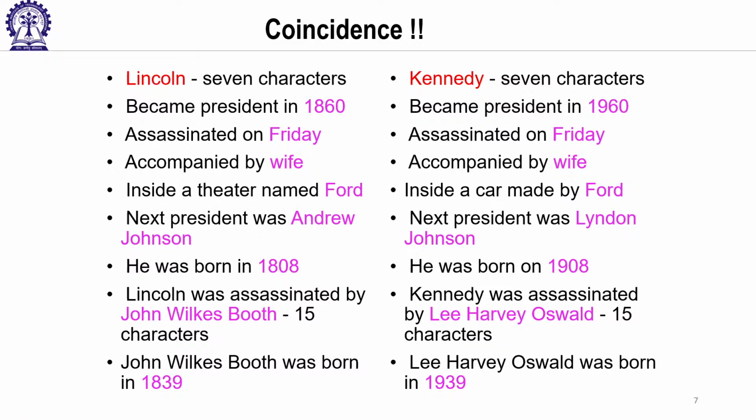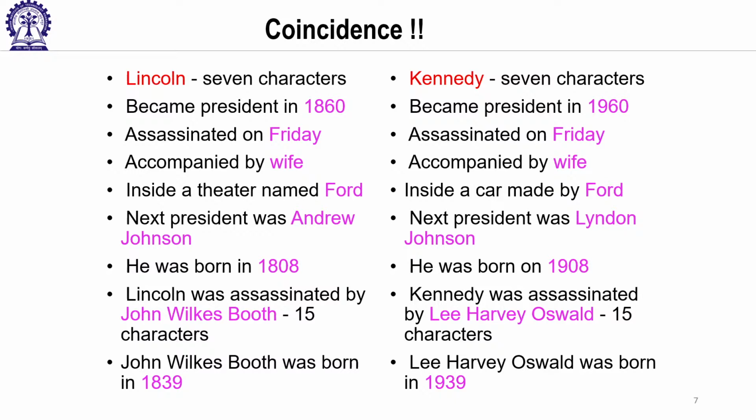You know, Lincoln and Kennedy, they have similarities. They have 7 characters. One became president in 1860, another in 1960. Both were assassinated on a Friday, accompanied by their wife, inside a theater named Ford, that was inside a car made by Ford. The next president was Andrew Johnson, the next president was Lyndon Johnson.